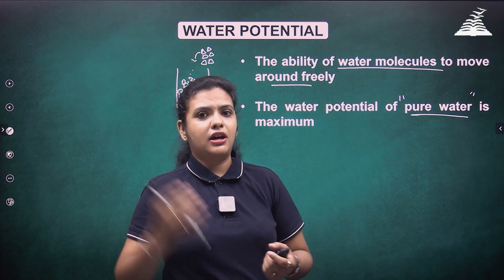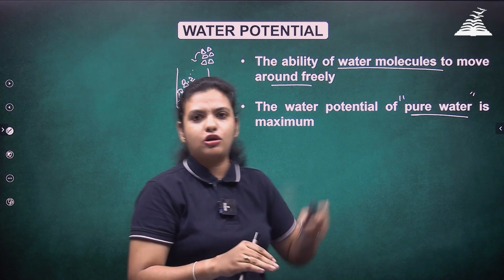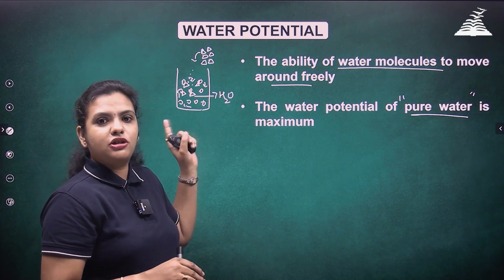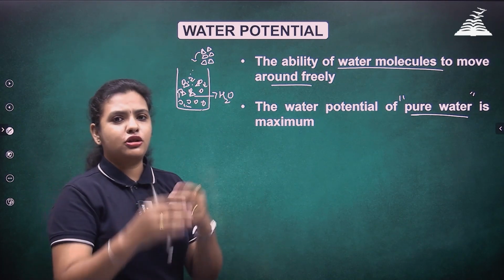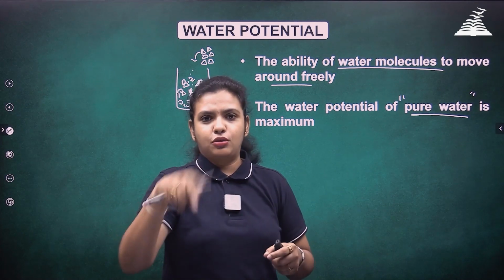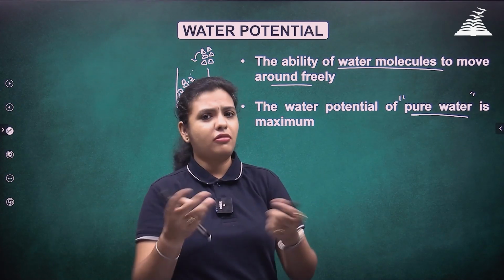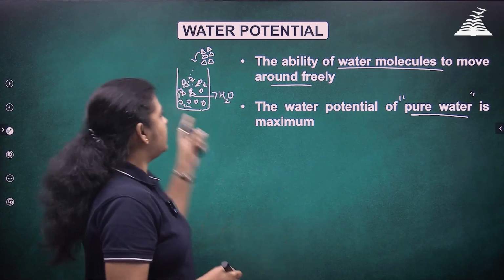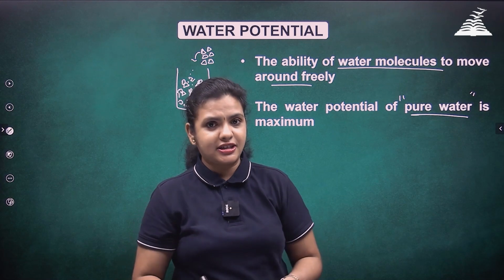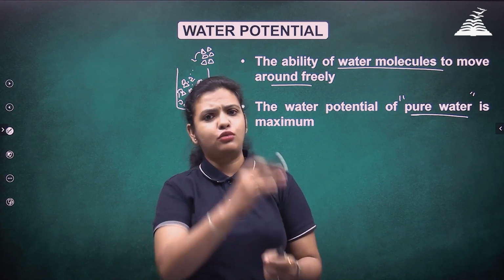Solve questions. It's a pressure that they are putting on you. Here, who is putting the pressure? Sugar molecules are putting a pressure on water, right? They are telling, I will come and bind with you. That's how you get a sugar solution. You mix sugar with water, what do you get? A sugar solution. What has happened? The number of free water molecules becomes less and they are not free to move around.